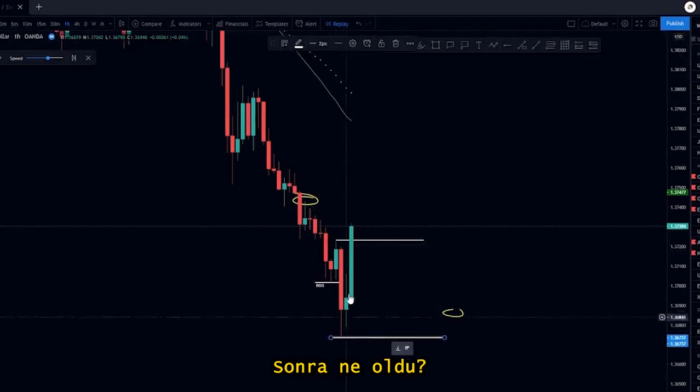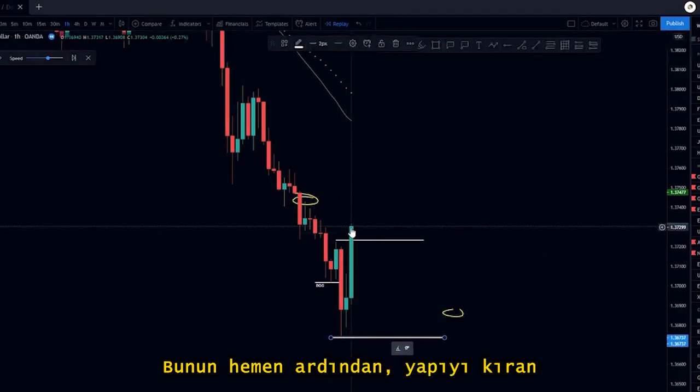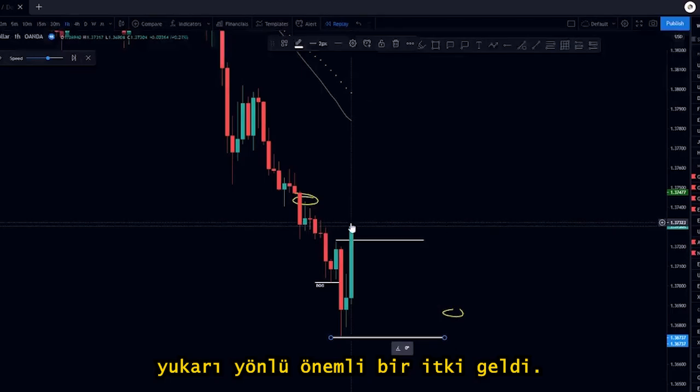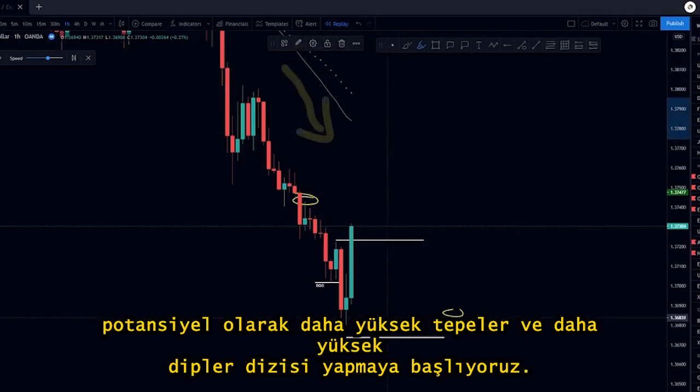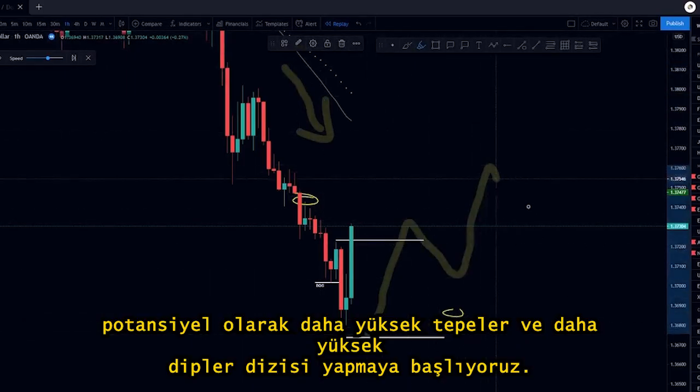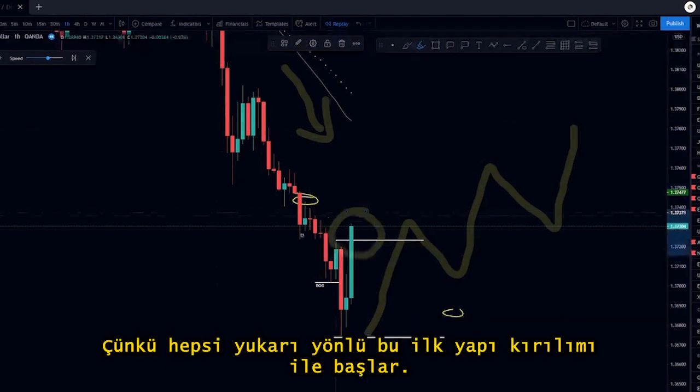Then what happened right after this? We had a significant impulse to the upside, breaking structure. So now we're potentially changing direction from bearish market structure to potentially start making a sequence of higher highs and higher lows, because it all starts with this first break of structure to the upside.